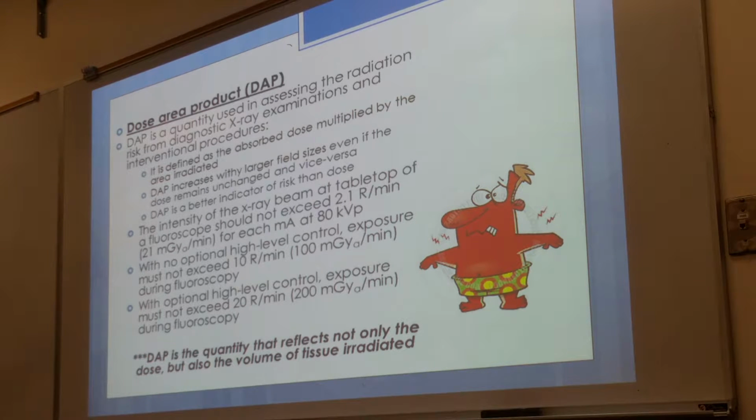Doesn't that also change the amount of exposure that the patient is receiving? The dose is the same, but you're X-raying or doing a fluoroscopic study of a larger area. This is where DAP comes in. It's more accurate than just identifying dose by itself. It also takes into account the area or the size of the area being irradiated.